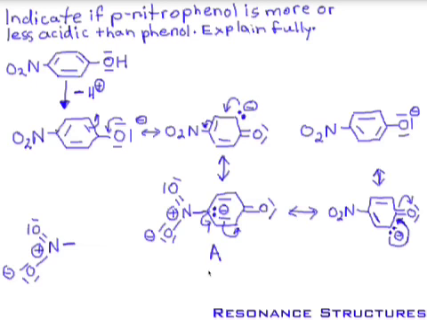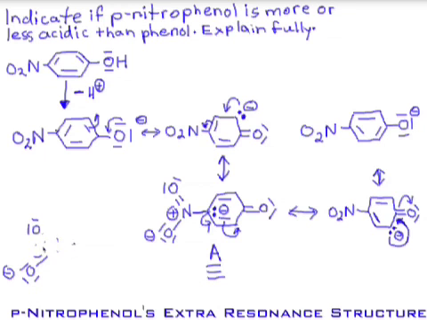I'm labeling it A. So far, all of the resonance structures we drew for p-Nitrophenol are exactly the same as the resonance structures you could have drawn for phenol. But the nitro group has one more resonance structure that it can give you.